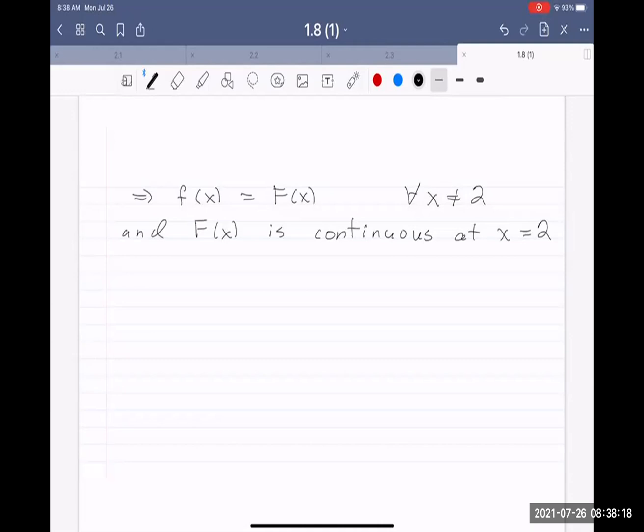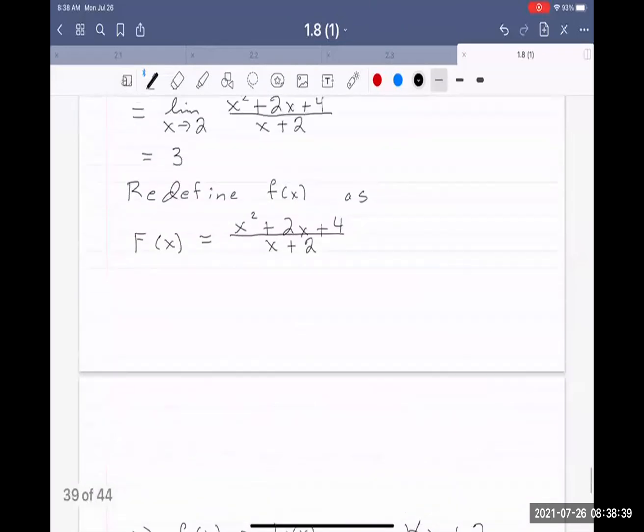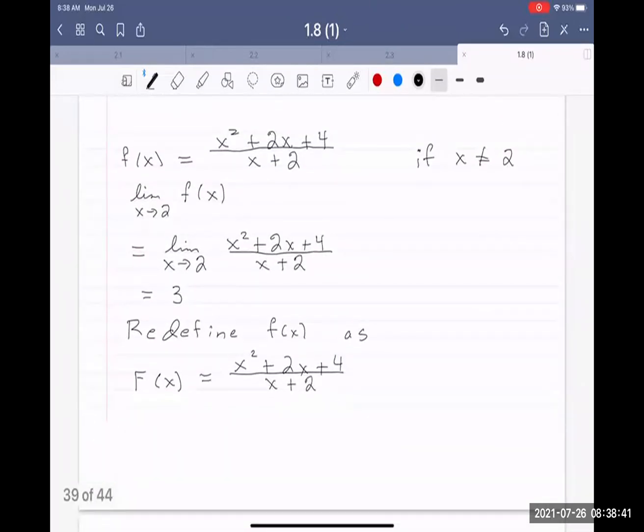Now, so I'm done. That's how they wanted me to remove the discontinuity at positive 2. I guess I'll ask you, well, I'm able to remove my discontinuity at 2. Can I remove my other discontinuity? So can I remove this discontinuity here at negative 2?